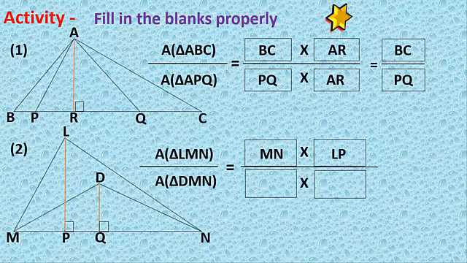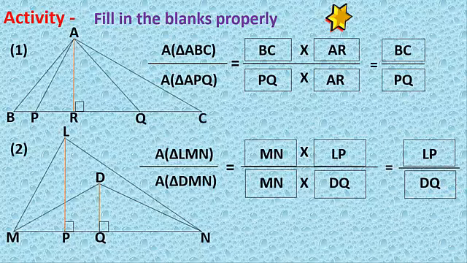In denominator for triangle DMN, base MN, and into the height DQ is equal to first bracket divided by second bracket. Here MN is the common part, gets cancelled. In numerator we get LP. In denominator, we get DQ.